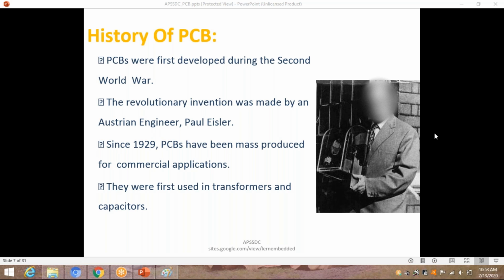Paul Ehler designed a PCB which was used in a rocket launcher. Okay, in the military application. These are some of the points you know. They were first used in transformers and capacitors. Next, coming to the next slide.